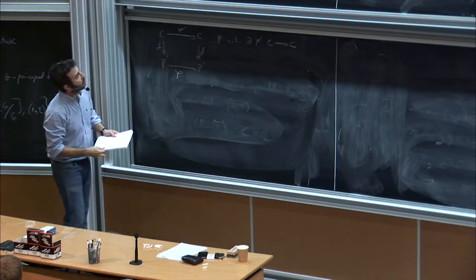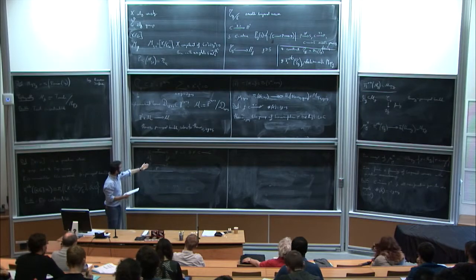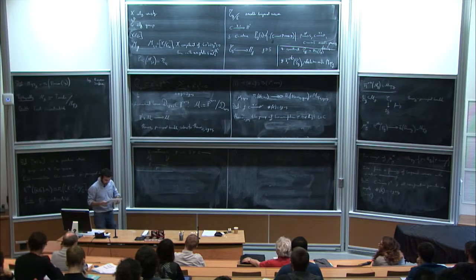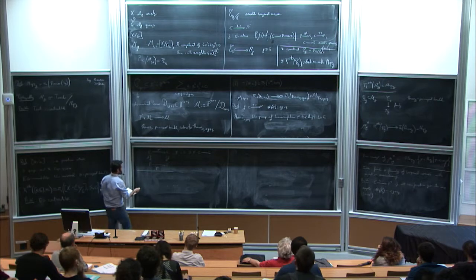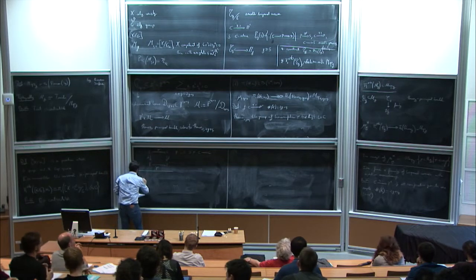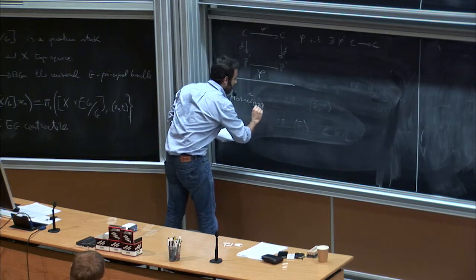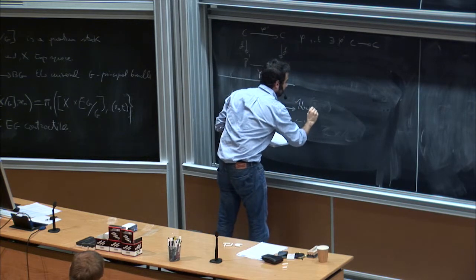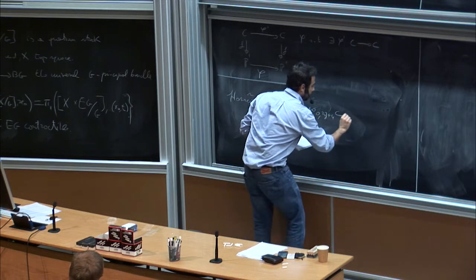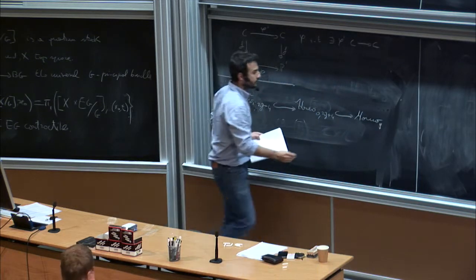Okay, so this I will call Homeo tilde, and if the cover is simple, then basically this implies that all the homeomorphisms in this group lift by simplicity. So we have a chain of inclusions of groups as follows.